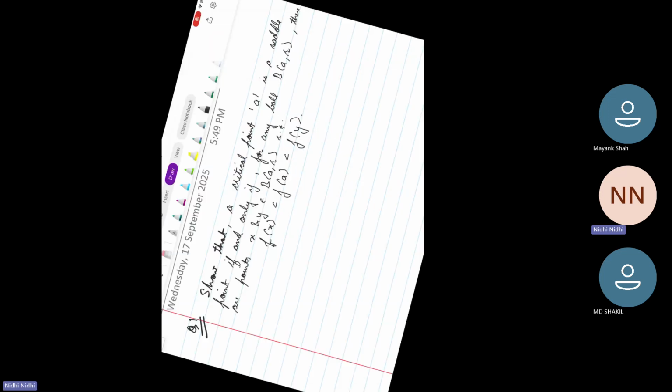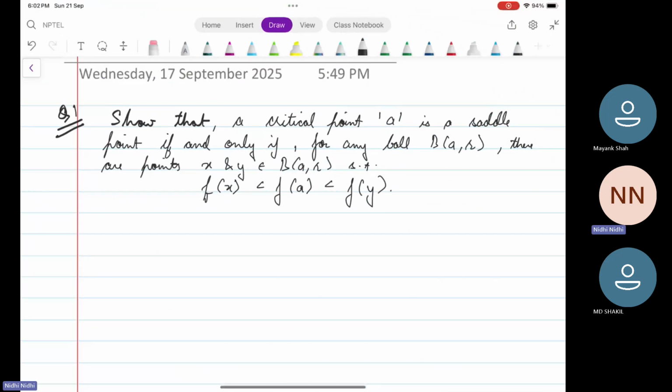Let's recall what we mean by a saddle point. A saddle point is basically a critical point which is neither a maximum nor a minimum.